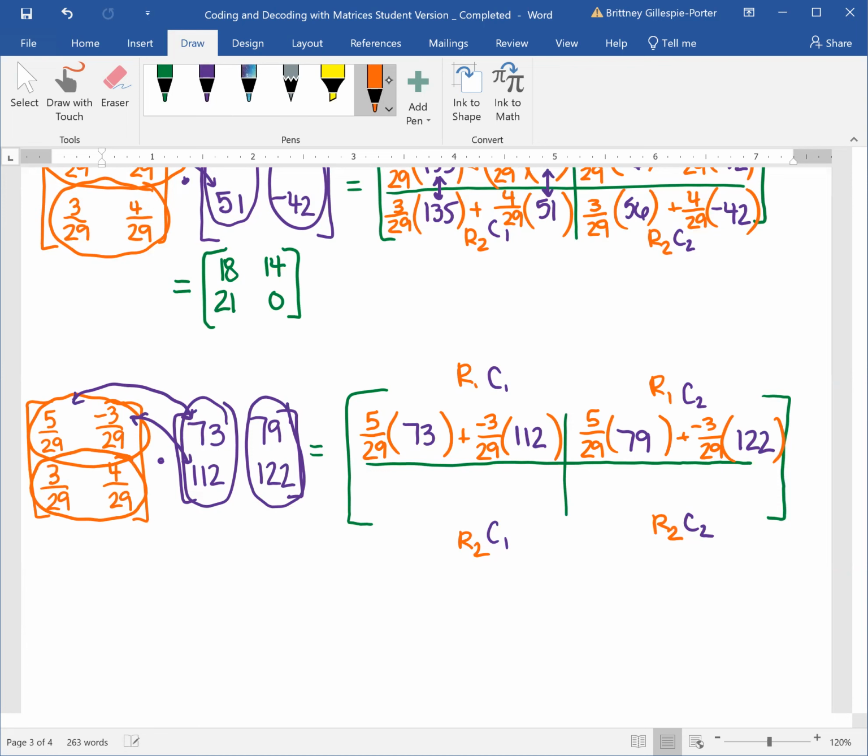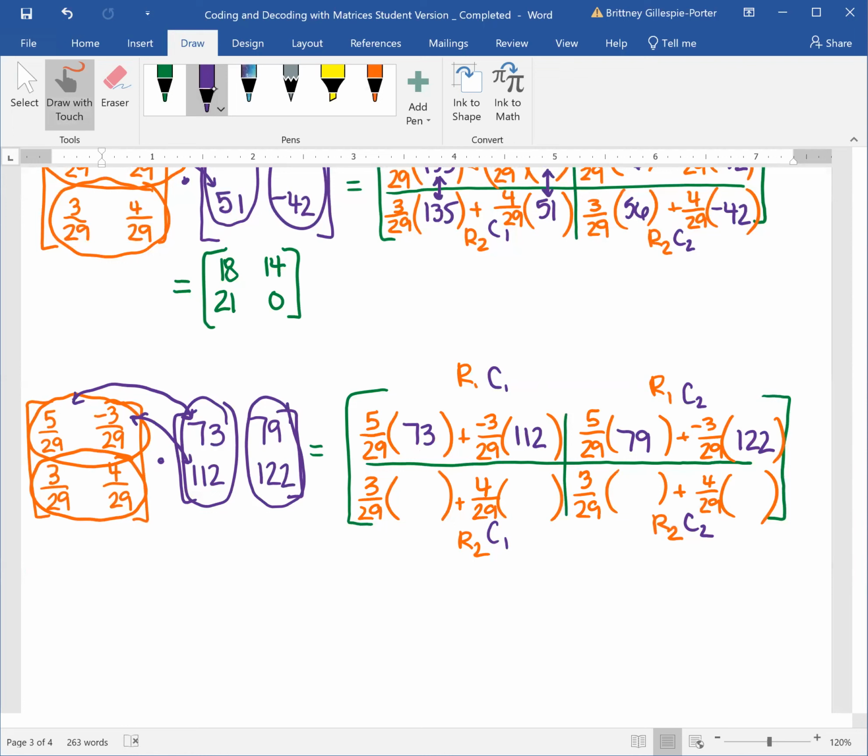Let's take care of row 2. So my orange numbers changed to 3 over 29 and 4 over 29. And I know I'm going to need those in both multiplications of my bottom row or row 2. And then I can carry down my purple numbers from my columns.